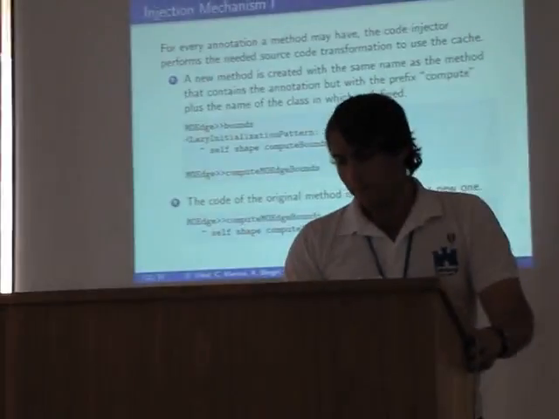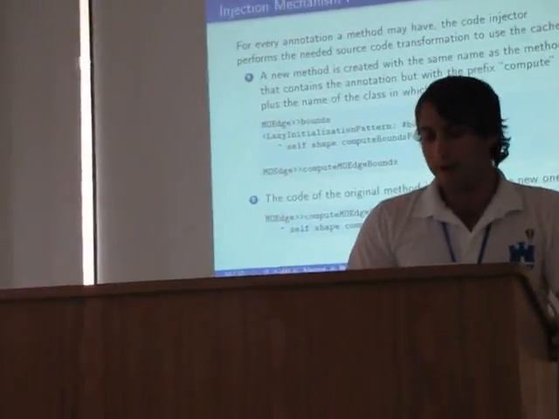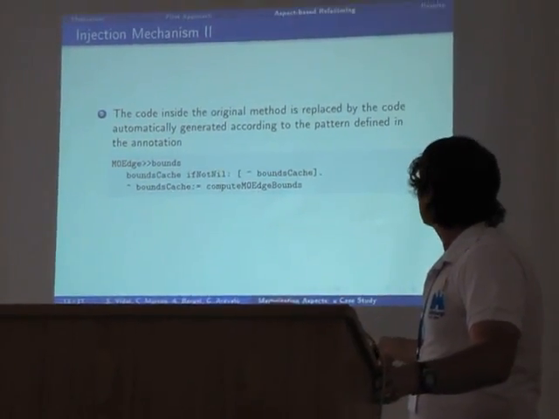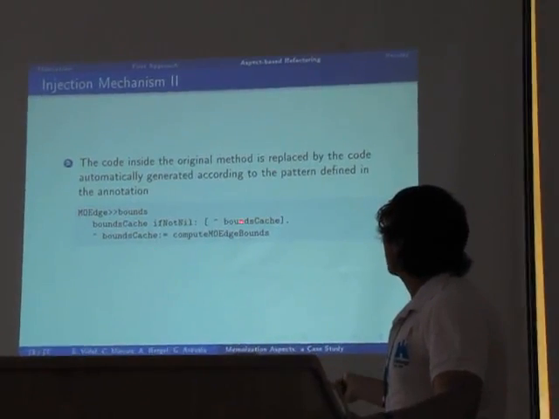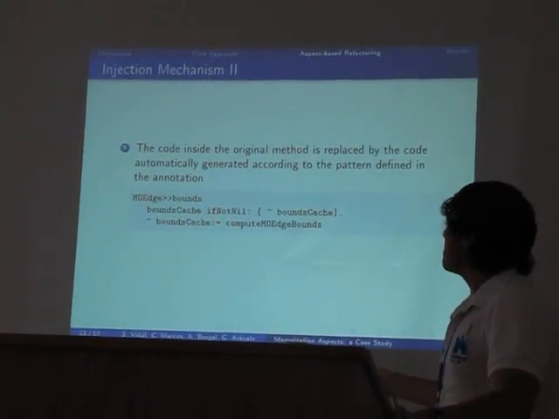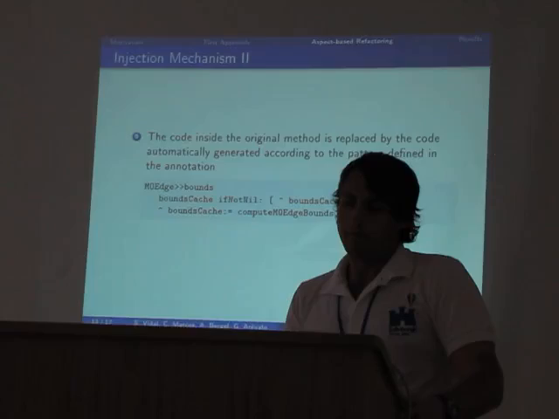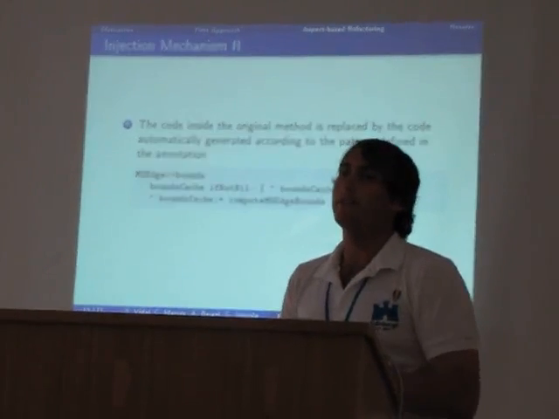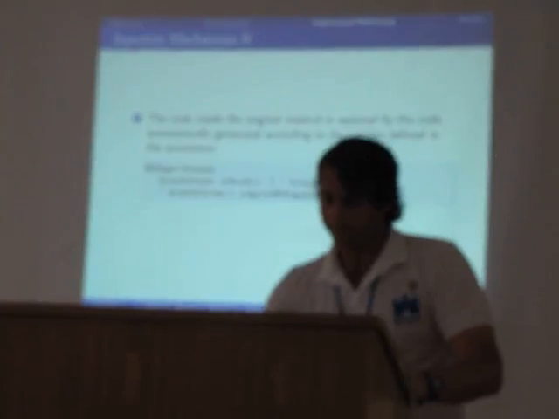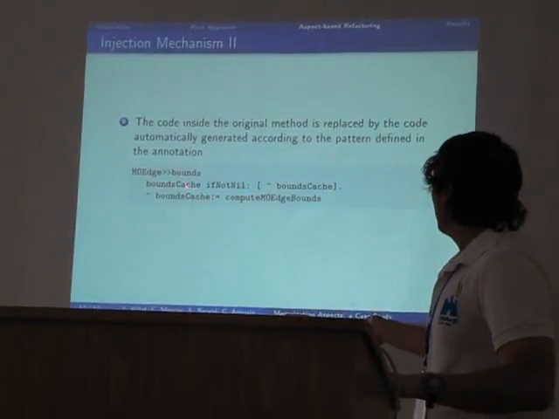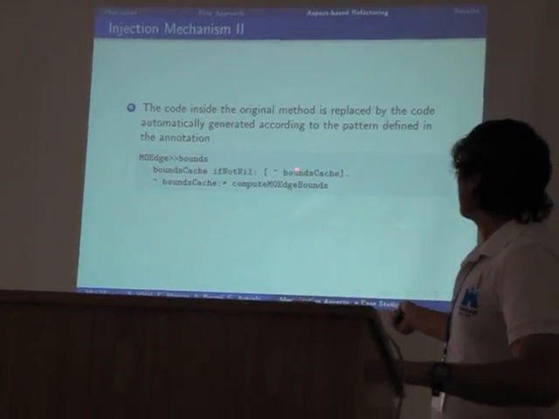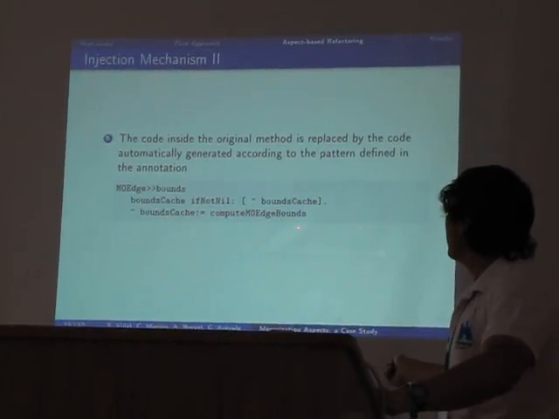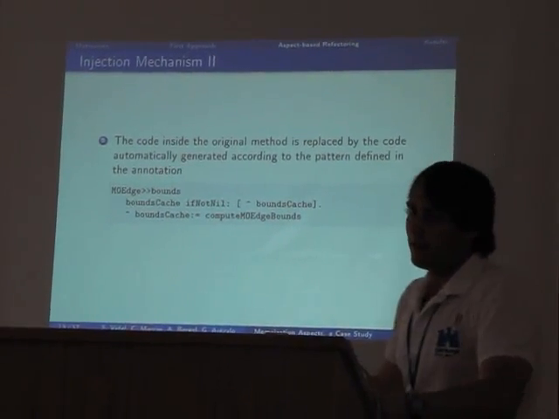And finally, the injector replaces the code of the original method with the code generated by the injector. In this case, it's almost the same code, but with the difference that now it goes to the newly generated method.